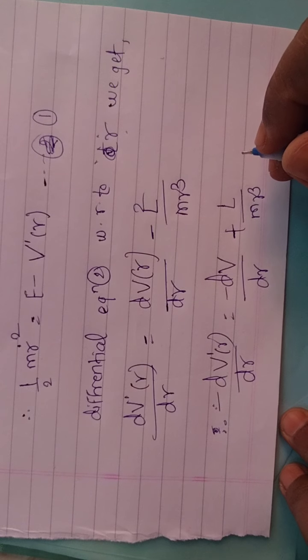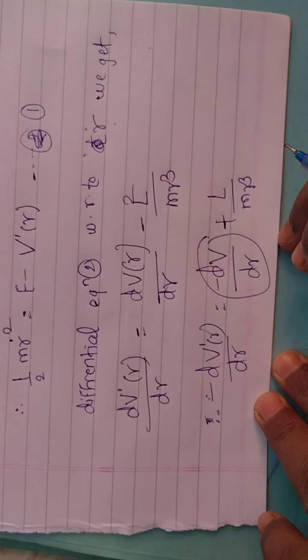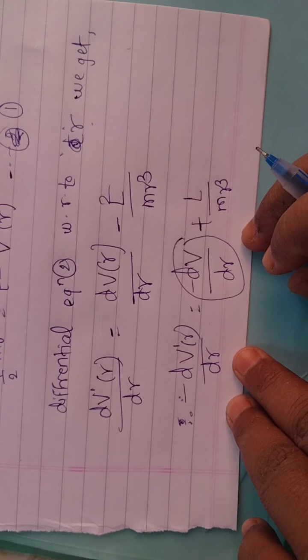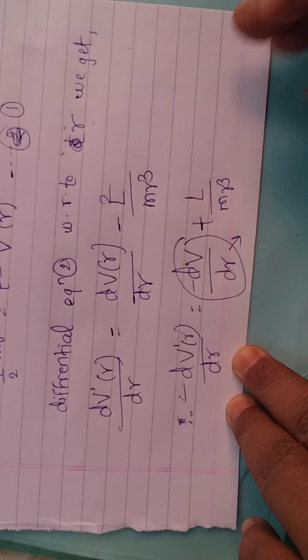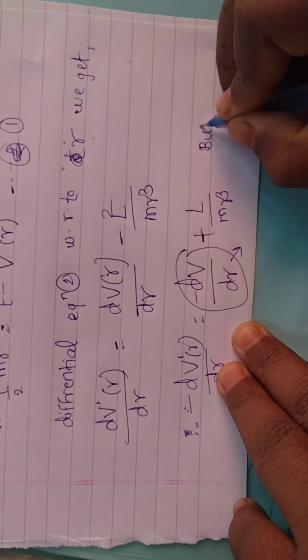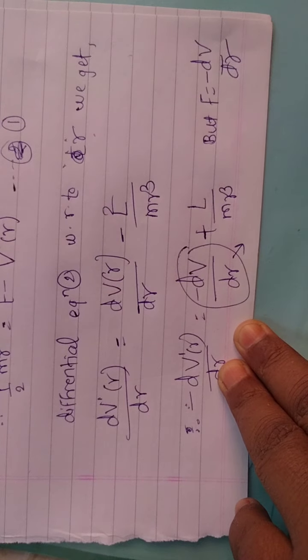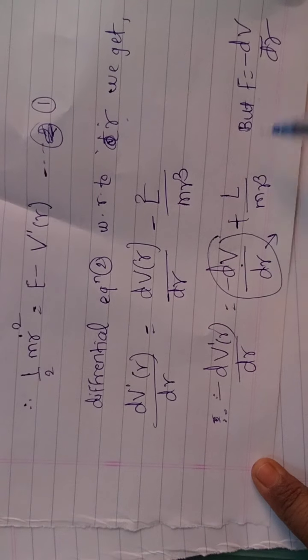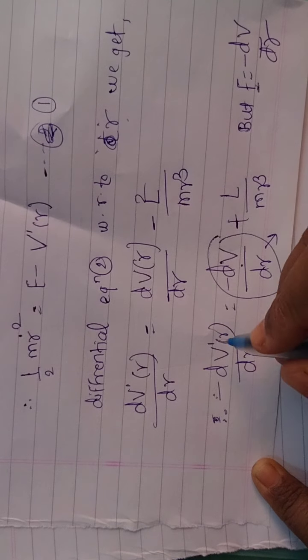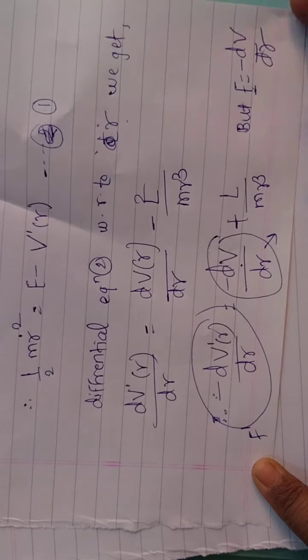So this term is the force, where F is equal to minus dV by dr. This term will become F, and this is F dash. This F dash means effective force and F is the actual force.